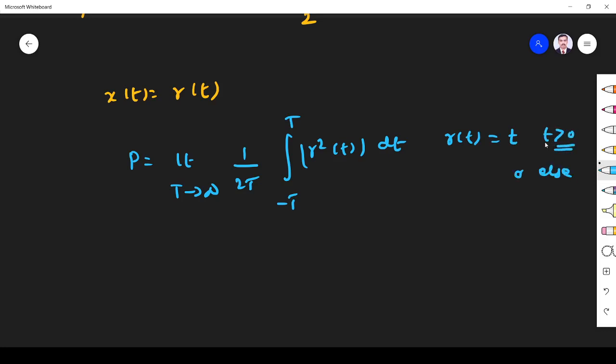So the integral value is from 0 to t only. No need to go for minus t to plus t because ramp exists for positive values. So up to that, it is t squared dt.